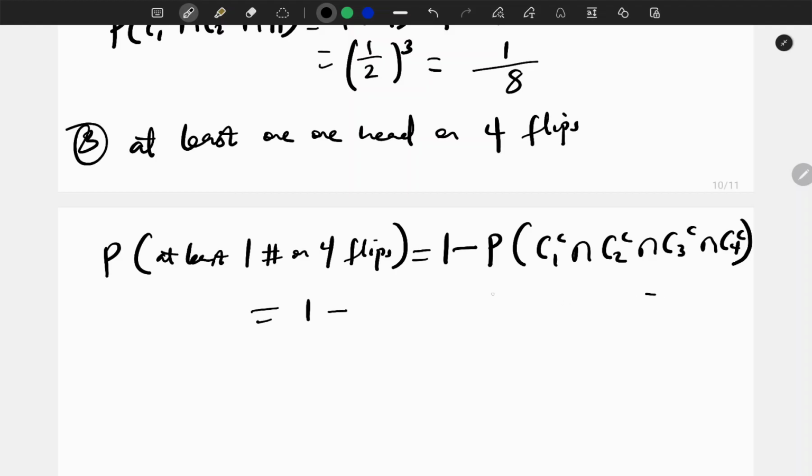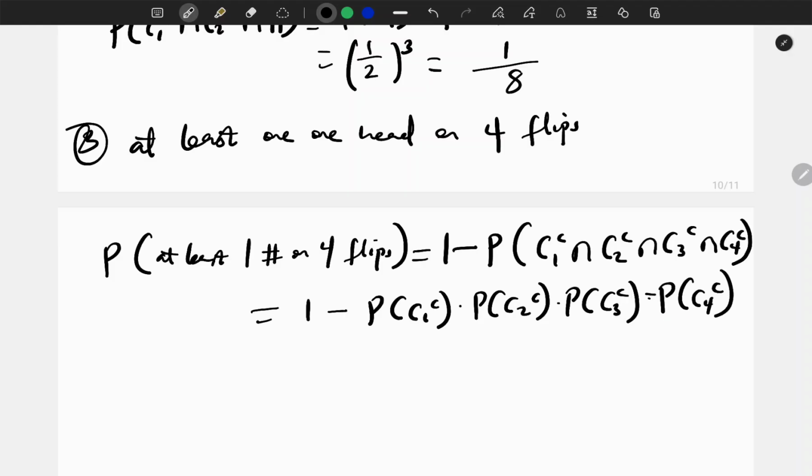And by that we have 1 minus P(C1 complement) times P(C2 complement) times P(C3 complement) times P(C4 complement), and that equals 1 minus 1 over 16, which equals 15 over 16.